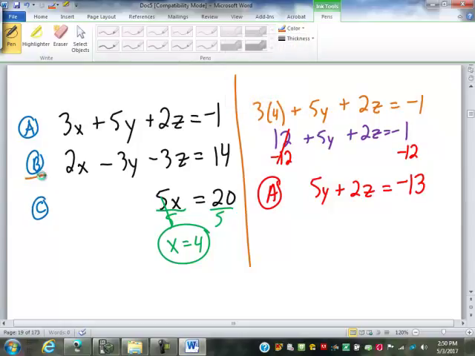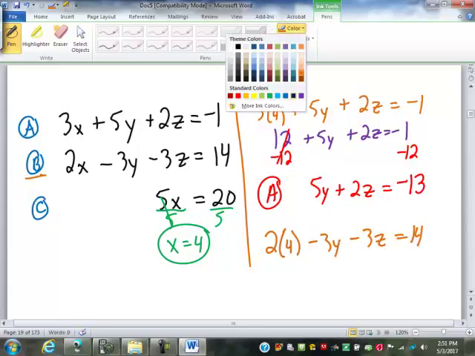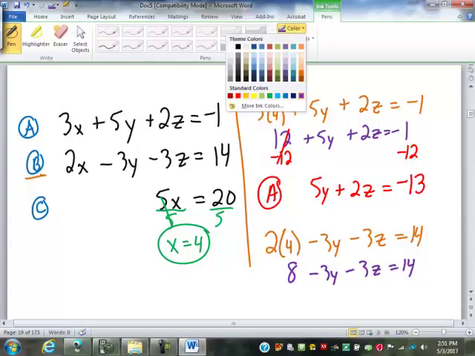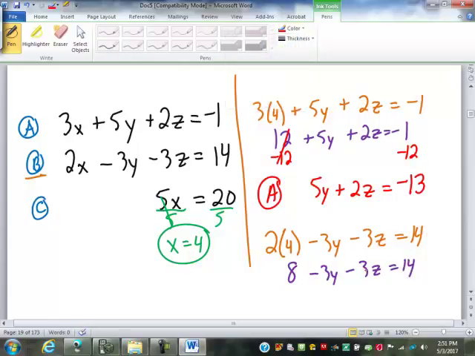Now we got to do B. So equation B is going to be 2x. Well, that's going to be 2 times 4 again. Minus 3y minus 3z equals 14. So I'll do the 2 times 4 is 8. And then I have to subtract the 8 to get the y and the z by themselves on the left side again.